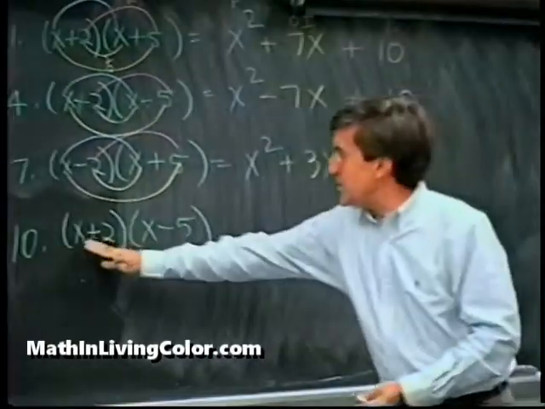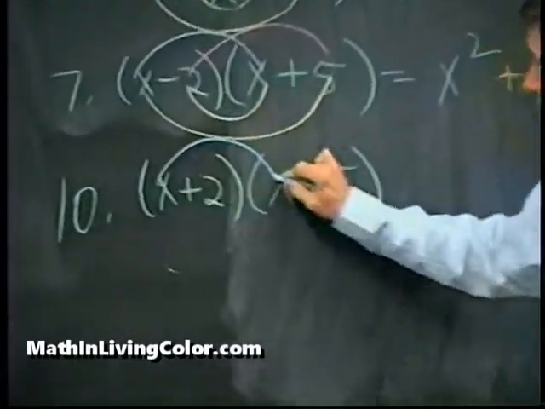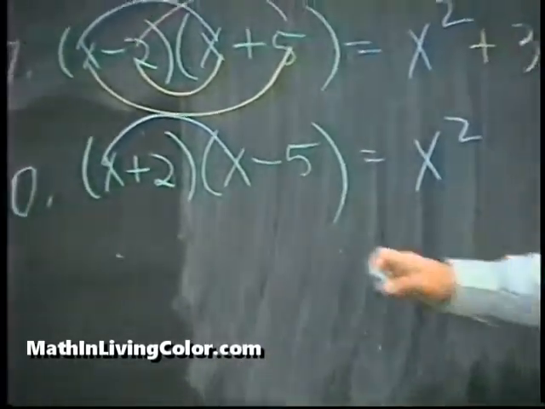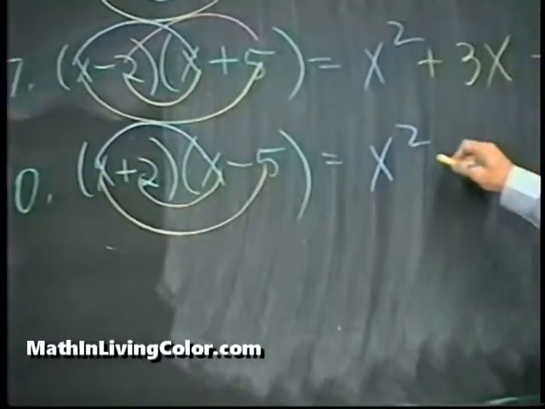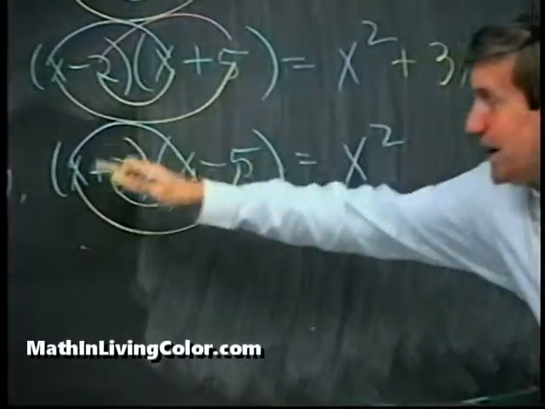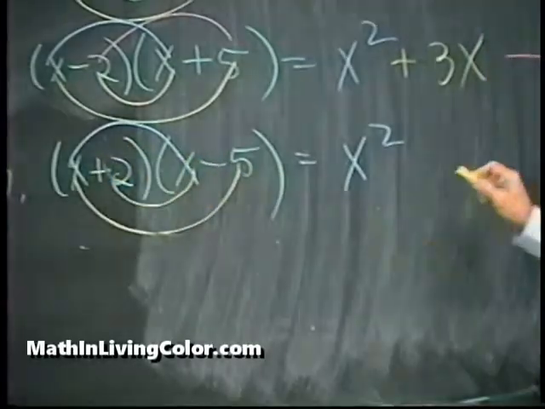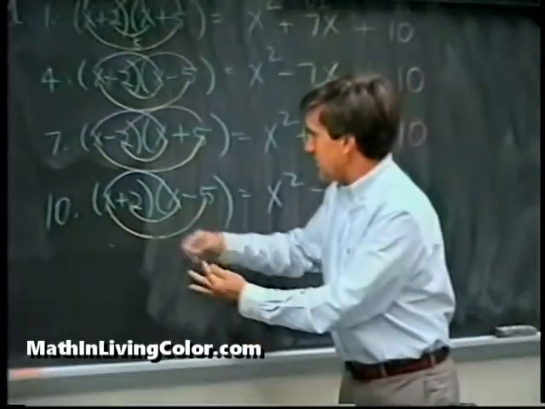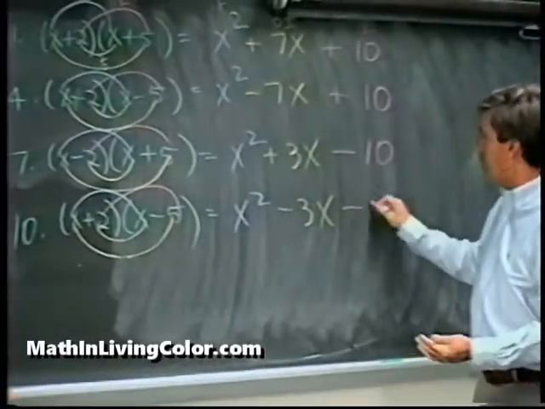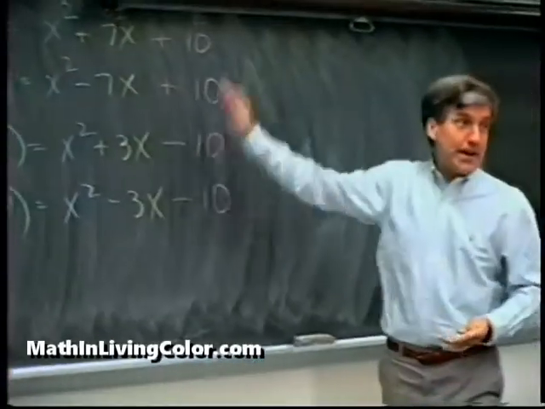And the last one, number 10, first times first is going to be x squared. And the outer times outer and the inner times inner would be negative 5x, negative 2x would be negative 3x. And the last times last would be negative 10. All right? Everyone understand that?